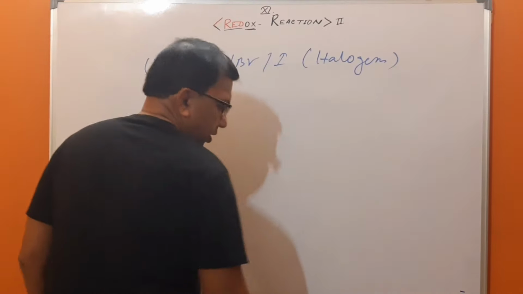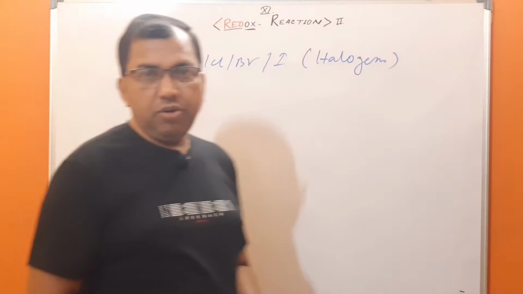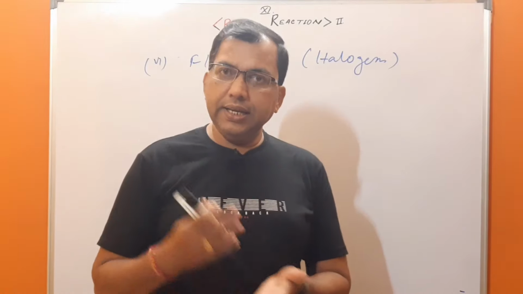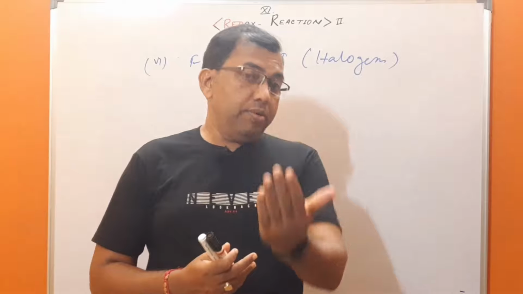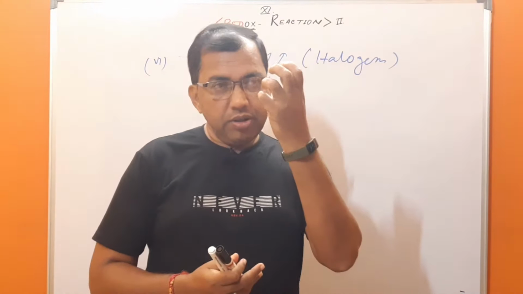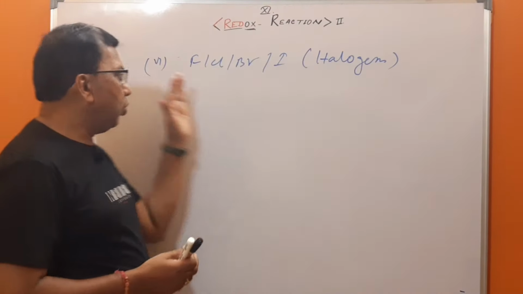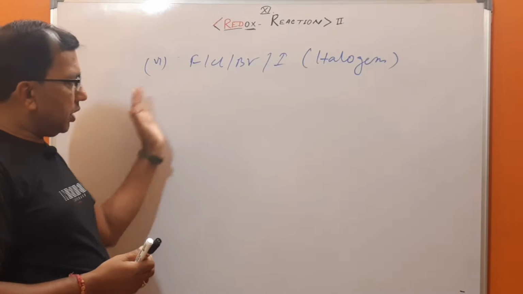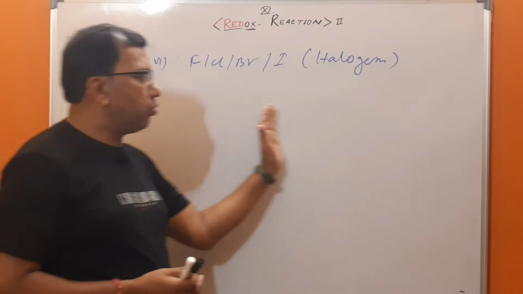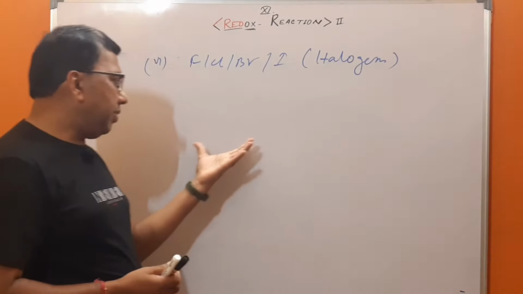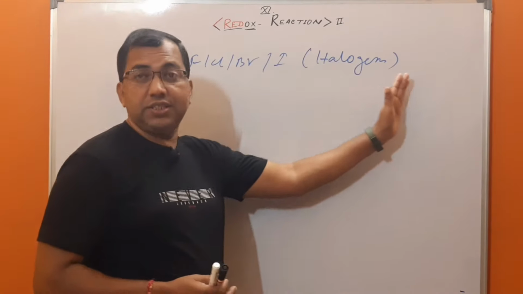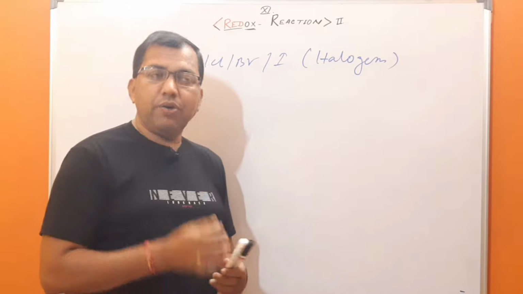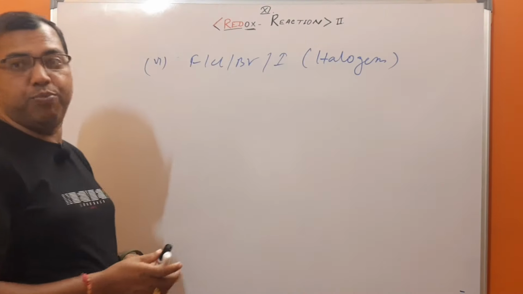Next. See, in case of oxidation number, you remember group 1, group 2, and group 3 to 12, transition elements, have variable oxidation numbers. So after group 13, 14, 15, 16, from 13 onwards, what will the oxidation number be? Very important thing.